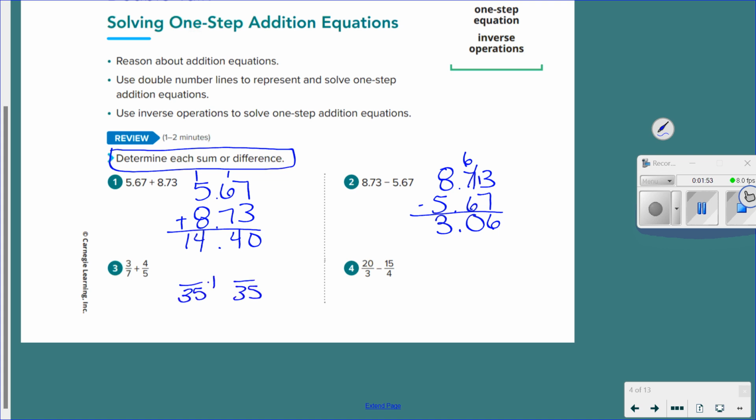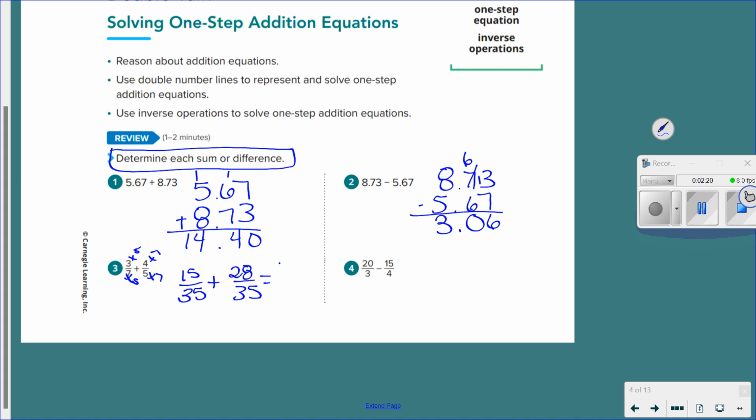It's the least number that they can both multiply to, guys. What can I multiply 7 by to get to 35? So 3 times 5? 15. What do I multiply 5 by to get to 35? 7. So 4 times 7? 28. What is 15 plus 28?